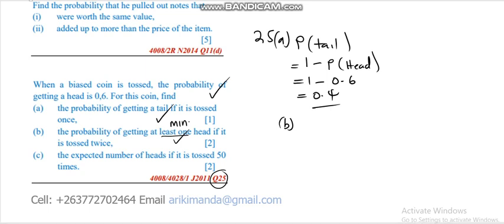Where we see one head or two heads, we are going to select. And take note of the following. Tossing one coin twice is also the same as throwing two coins once. Take note of that.